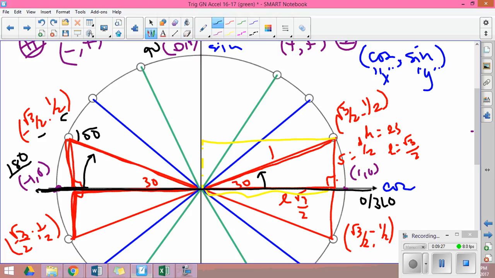If I start at 180 and I go this way 30, 180 plus 30, I'm at 210. If I start at 360 and I back up 30, I'm at 330. So the cosine of 330 is positive square root of 3 over 2, and the sine of 330 is negative 1/2.